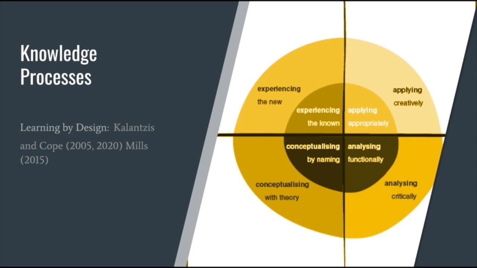And finally, we've looked at this model for knowledge processes, where we have the internal domains experiencing the known, leading to experiencing the new, conceptualizing by naming and conceptualizing with theory, analyzing functionally and analyzing critically, and applying appropriately and applying creatively. If we can apply these things to ourselves in terms of how we develop as teachers, then we can certainly begin to apply these to our teaching and hopefully pass that down to our learners.